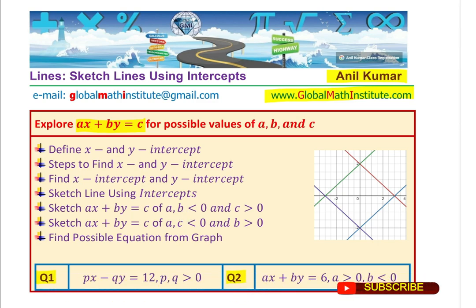Question number 1 and 2. So px minus qy equals to 12, p and q both are greater than 0. I'd like you to sketch this line. Then we have ax plus by equals to 6, where a is greater than 0 but b is less than 0. I'd like you to sketch that line as a practice test question.